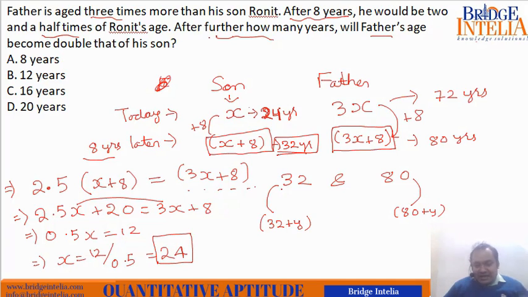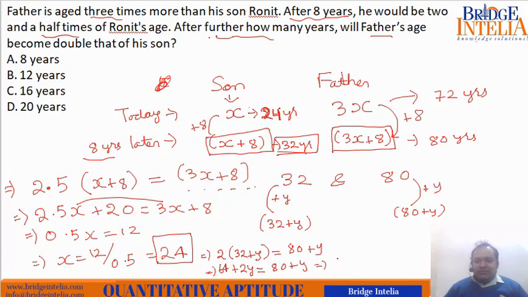If father's age will become double that of his son, then we can write the equation that if you double the age of son, you get the age of father. So let's solve this. 64 plus 2y is equal to 80 plus y.